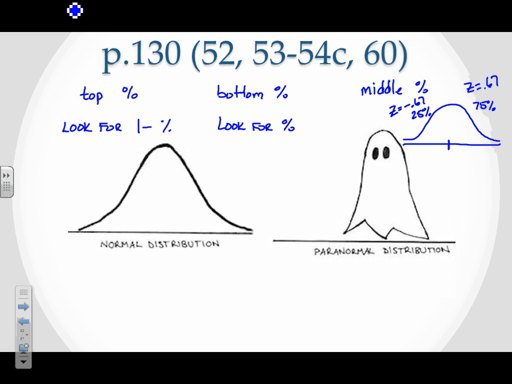So one of the things to keep in mind here, if you're looking for a middle percentage, the normal distribution is perfectly symmetric, right? So if you're going to go for a middle percentage, you're going to be reaching the same distance up top as you are down below. So if you get one z-score, the other one automatically has to be its opposite. If you get positive 1.6 for one z-score, the other one has to be negative 1.6 if it's a middle percentage. Okay? So the key here is just making sure you get the correct percentage cutoffs.